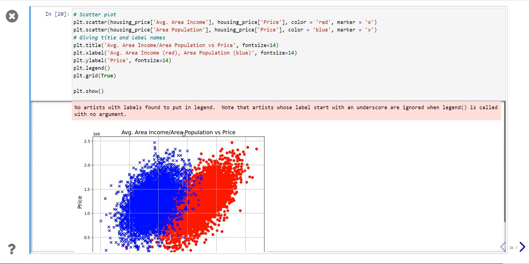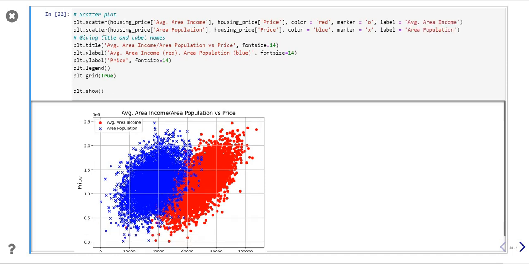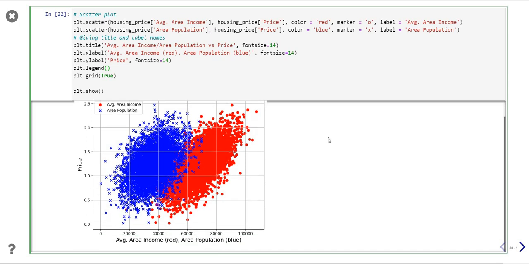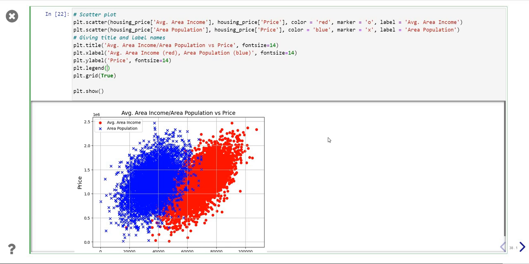Oh, okay. No artist with labels found to be put in legend. So one thing that we added is the label for each line, and automatically when we plot the legend, it takes the label and puts it together. All right. Thank you.